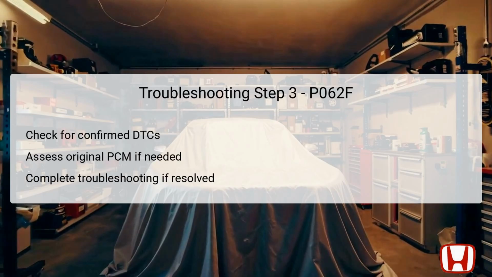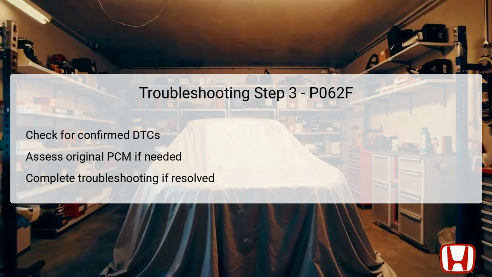For the third troubleshooting step, it is critical to check for any confirmed DTCs once again with the HDS. This ensures that the technician has an updated view of the vehicle's status after the procedures followed in steps 1 and 2. If the PCM was updated or substituted, the technician should repeat the process of verifying DTCs.